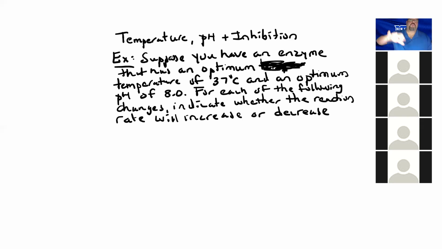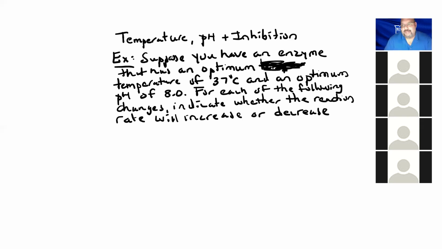Now, as you start to warm things up, enzymes are going to work better and better, but there's going to be a certain point where that enzyme is going to work at its best in terms of temperature. That's the optimum temperature. And as you increase temperature from there, the enzyme actually starts to not work as well. And how is this all reflected? It's all reflected in reaction rate. The reaction rate refers to how fast the reaction occurs.